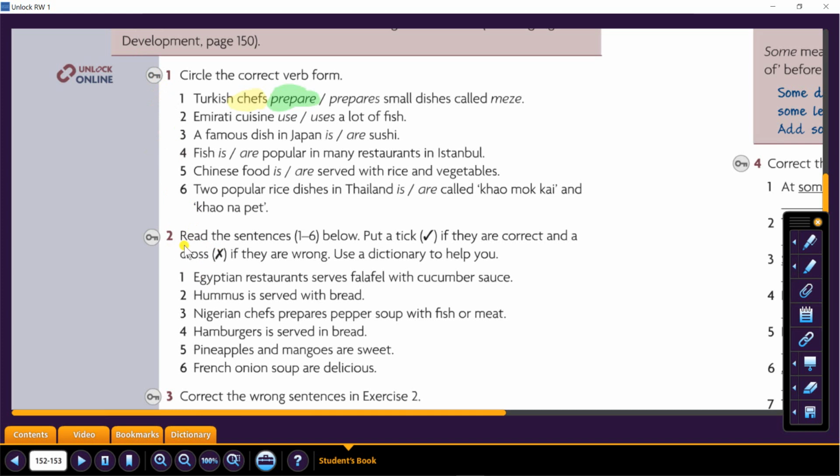But before that, let me read task number 2, which says, read the sentences 1 to 6 below, put a tick if they are correct and a cross if they are wrong. You can use a dictionary to help you. And then correct the wrong sentences in this exercise. Pause the video, ladies, and come back again to check your answers.